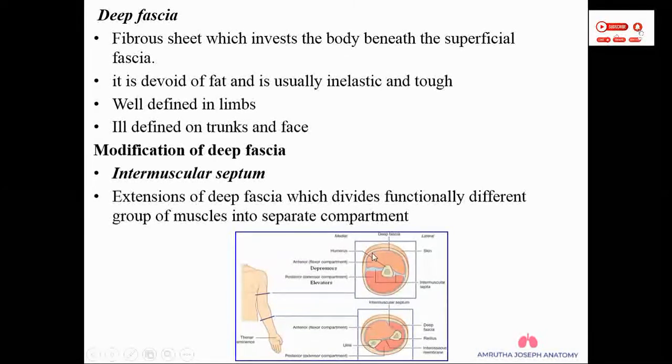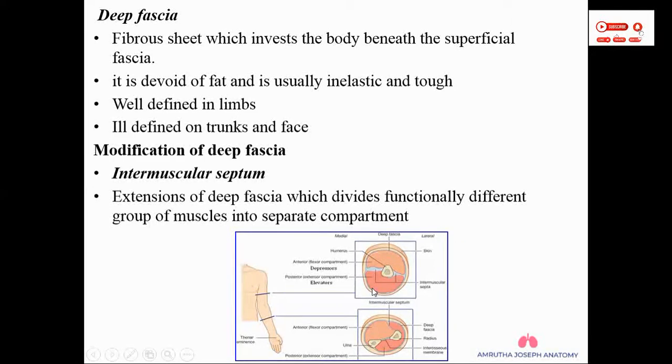The deep fascia is surrounding the arm. Also, the deep fascia sends some septa toward the bone, and these septa are called intermuscular septa. What the intermuscular septa do is divide the arm into two compartments. Whatever you can see anterior to the intermuscular septa is the anterior compartment.